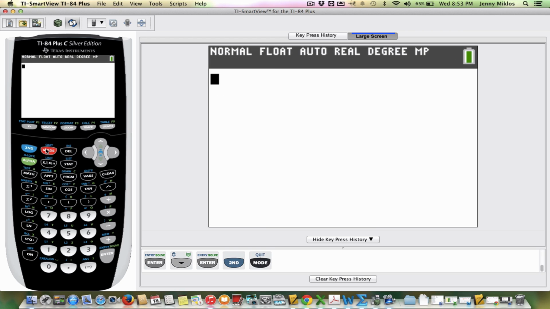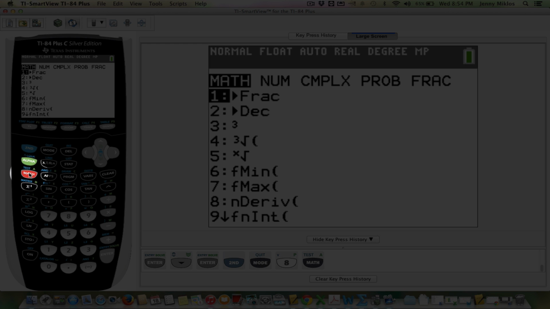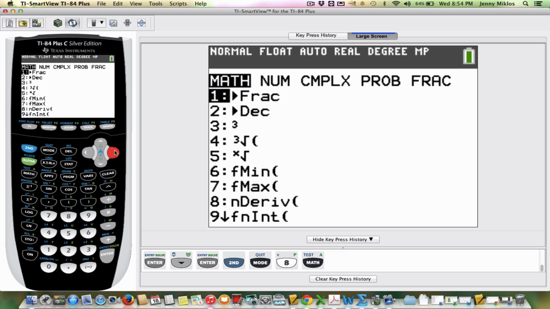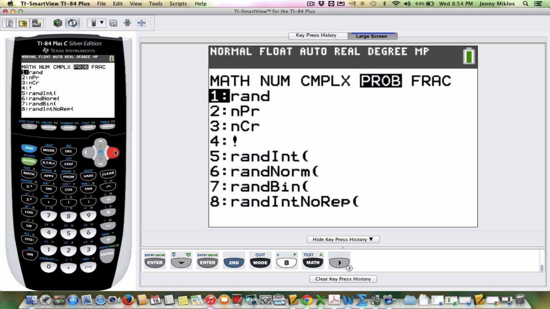Okay, second thing that we talked about was our factorial. So if I want to do 8 factorial, obviously I can type in 8 times 7 times 6 times 5 times 4 times 3 times 2 times 1. But that takes a while. So the other thing we can do, if I press 8, if I press the math button, if you look over here, we have something called probability. So I'm going to move over to the probability menu.